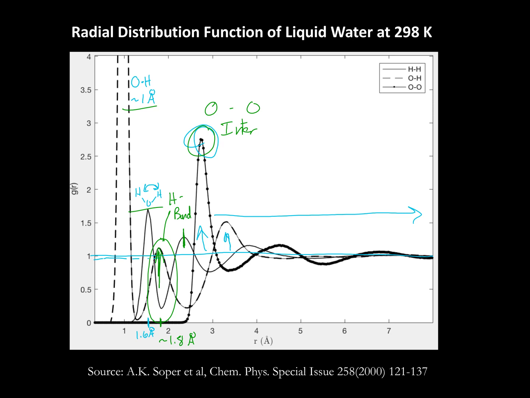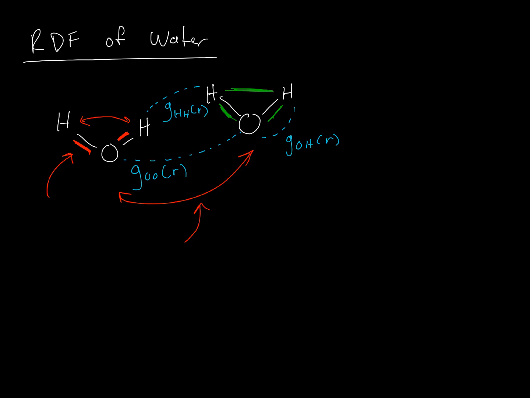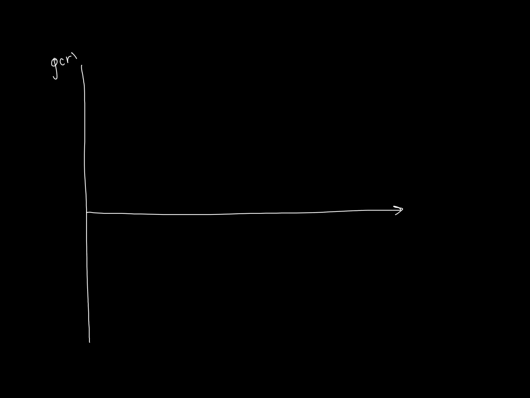So let's say, for example, we're looking at liquids here. What if we were looking at a crystal? What do you think the radial distribution function would look like for a crystal? So let's just draw out what we might expect to see. We have g(r) and r.